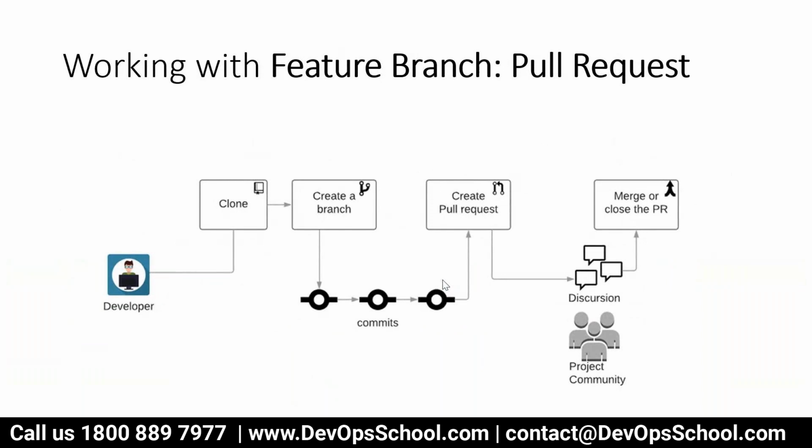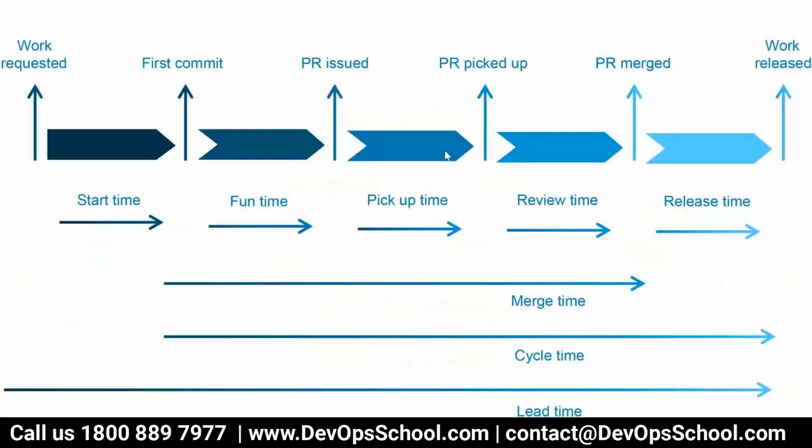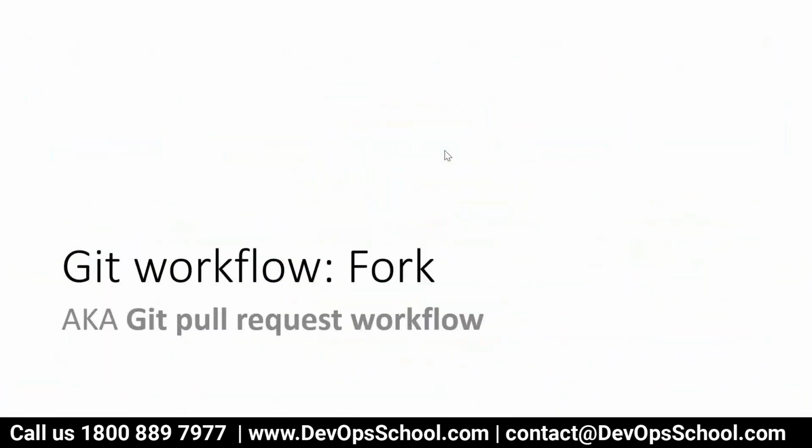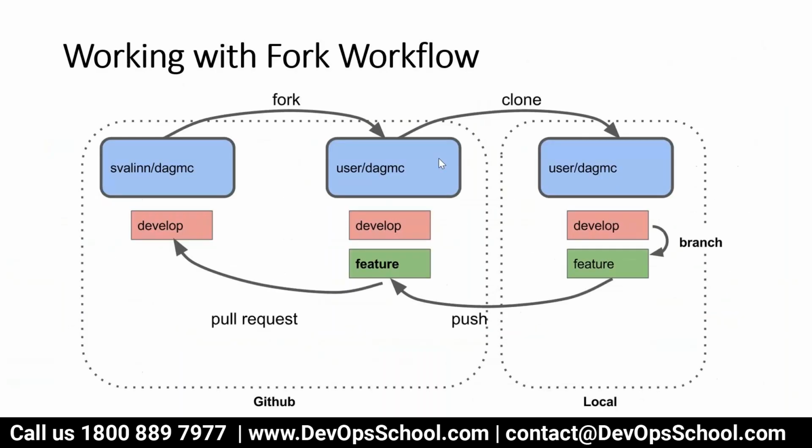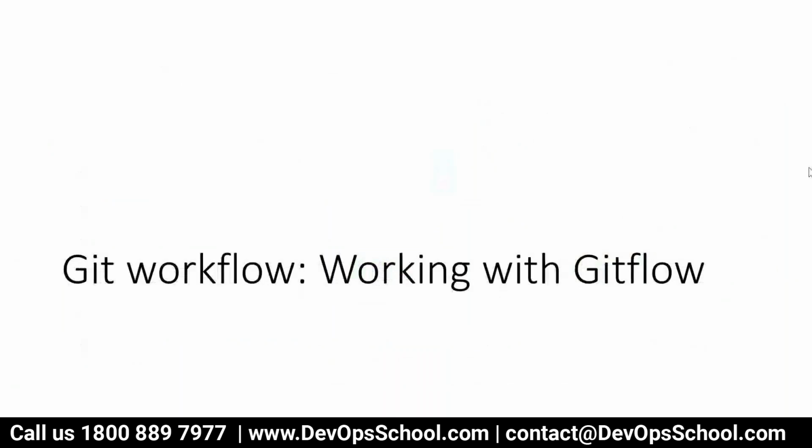Pull request we have also covered, which is for the feature branch. I want to ignore it. Forking has also been covered, and I want to talk about git flow.